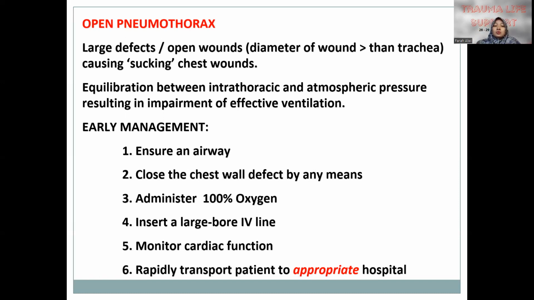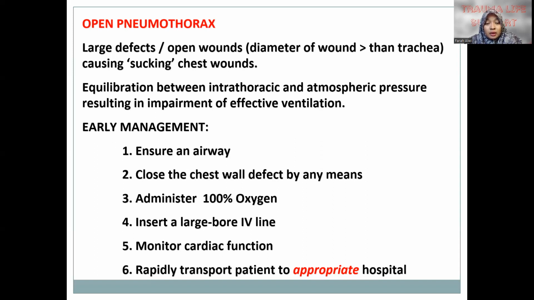All right. So how to manage an open wound? Make sure the airway is patent. Give oxygen. Close the wound using a three-way seal, and then insert a large bore cannula.